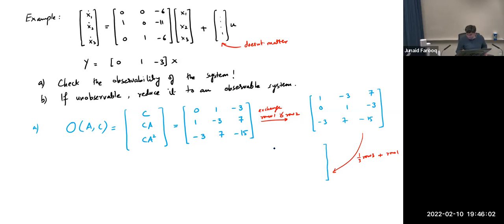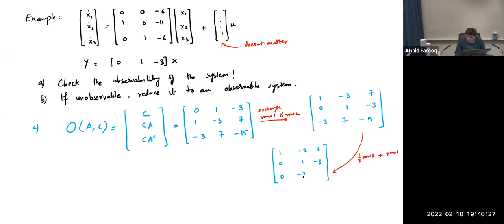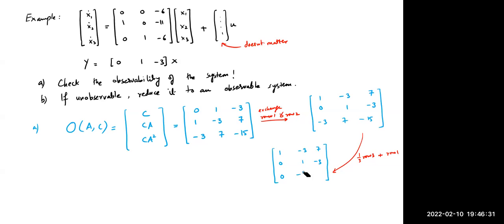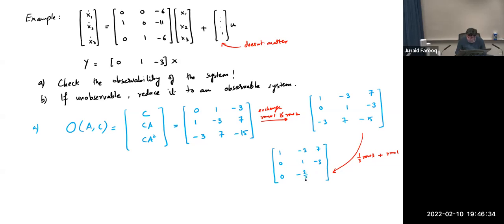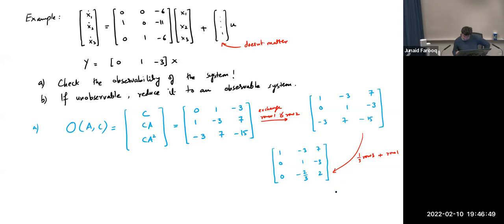So it's going to be [1, -3, 7], [0, 1, -3], and you've got a knockout here, then 7 minus 9 is minus 2, and minus 15 plus 21 is 6... let me do it by hand. 7 over 3 minus 3, so it's minus 2 over 3.